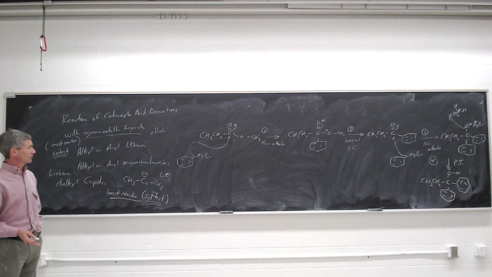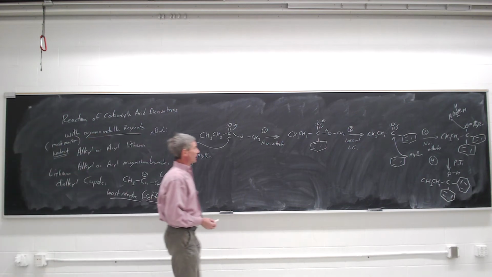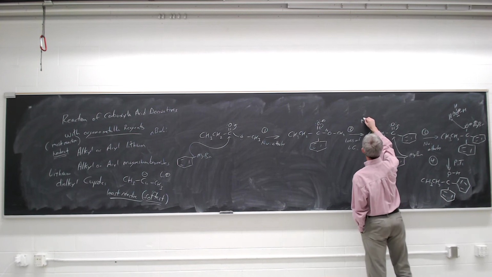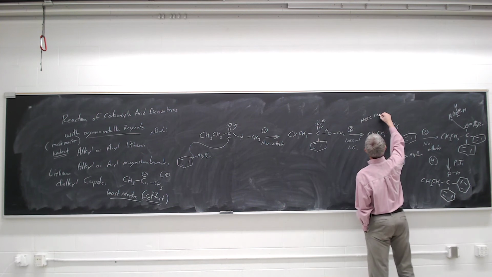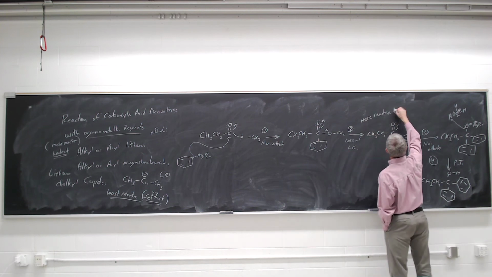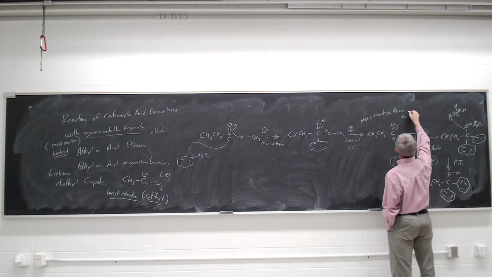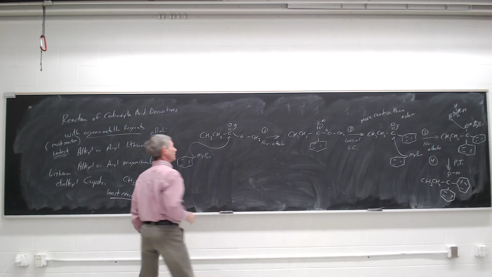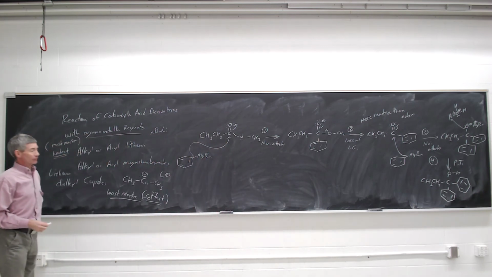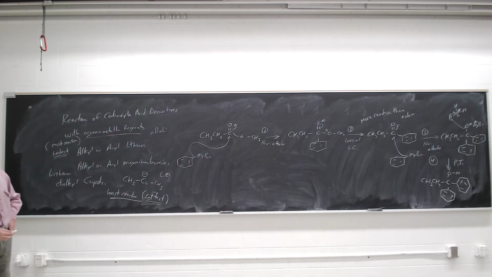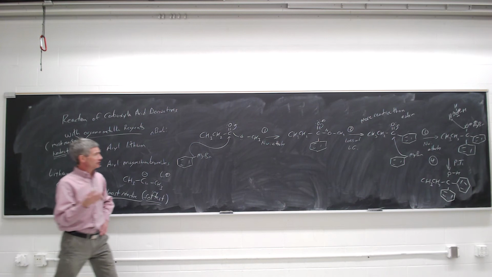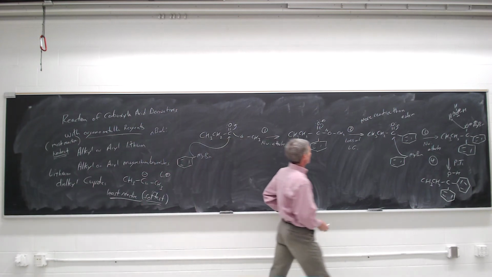In this case, it's impossible to stop at the ketone stage because the ketone is in fact more reactive than the ester, because we don't have the resonance contribution from the oxygen lone pair that reduces the reactivity of the ester. In the case of the acid chloride, though, the ketone is actually less reactive than the acid chloride.